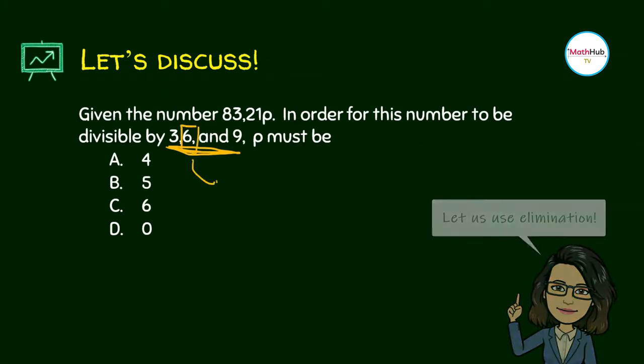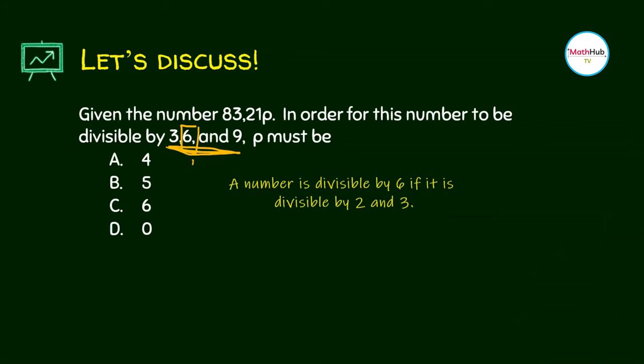Recall that if you are divisible by 6, you are divisible by 2 and 3. So that means P cannot be equal to 5, right? Because if the last digit here is 5, it cannot be divisible by 2. So that's eliminated. So we're left with A, C, and D.